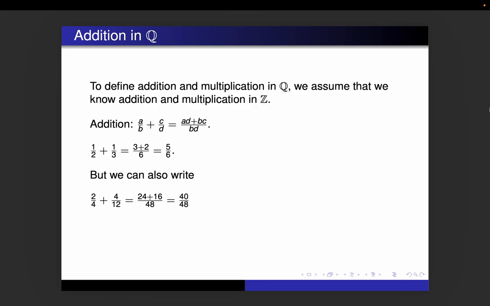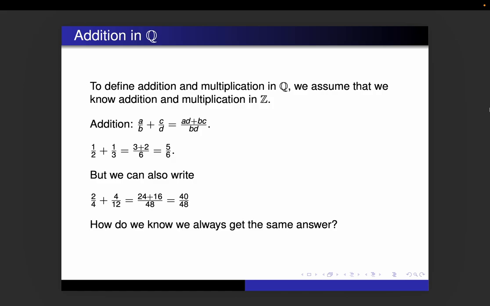Now those two fractions represent the same rational number, but if I want to prove generally that addition is well defined, I've got to prove that they're equivalent for all the ways that I can add two numbers together. So the big question is, how do we know we always get the same answer?